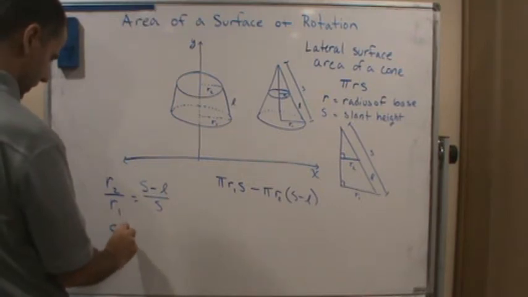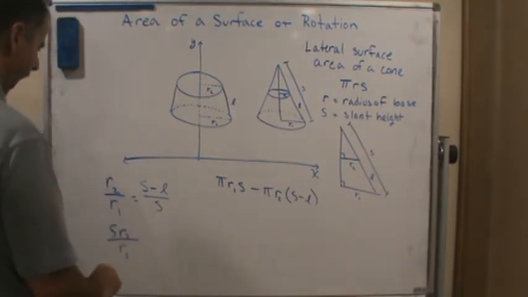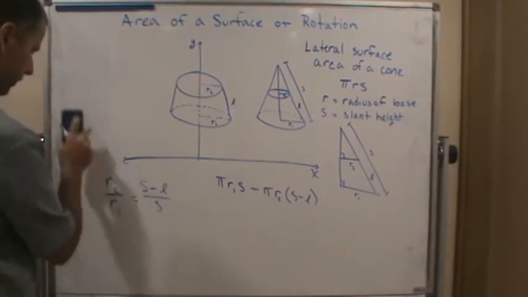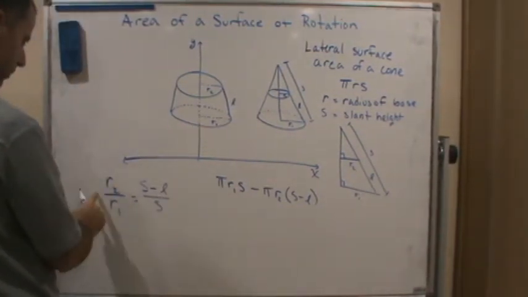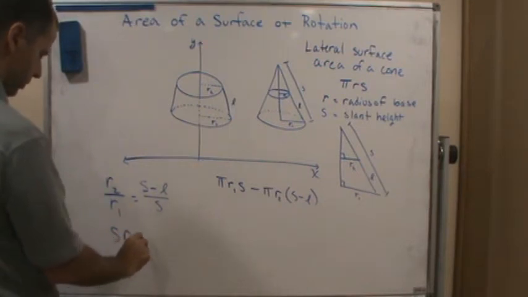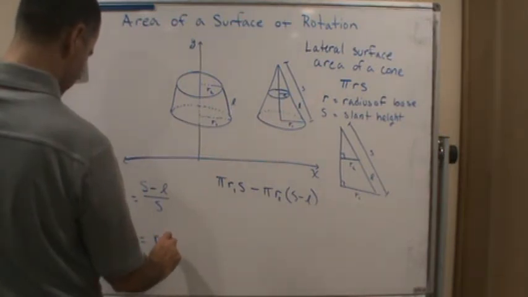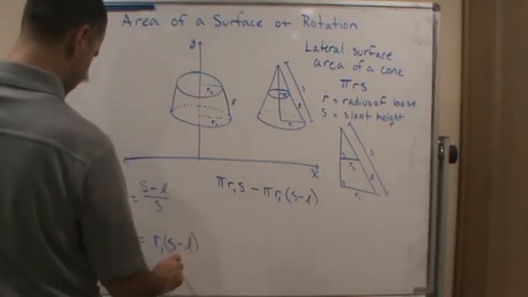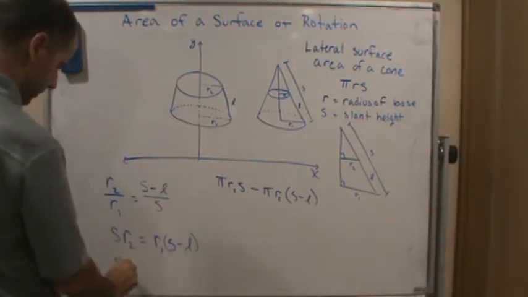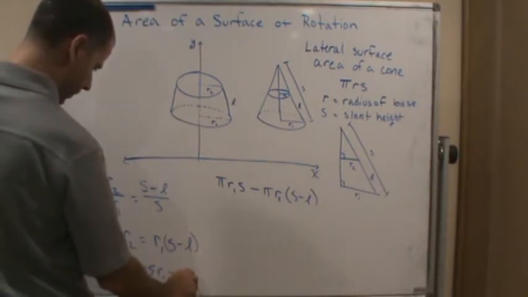So I'm going to multiply by s on both sides and multiply by r1 too, to get rid of the r1 and the s in the denominators. I get s r2 equals r1 times s minus L. Now let's distribute the r1: s r2 equals s r1 minus L r1.